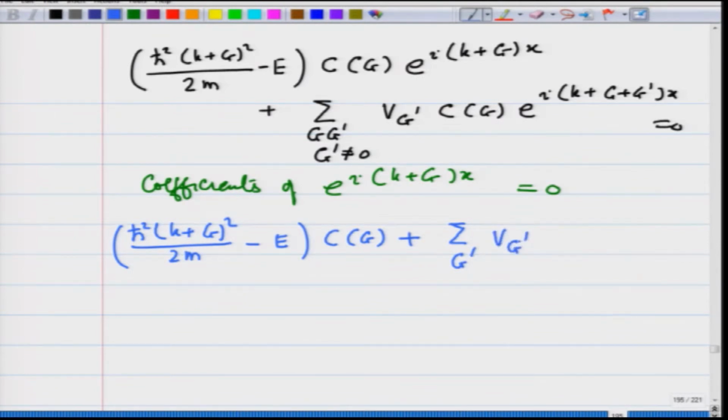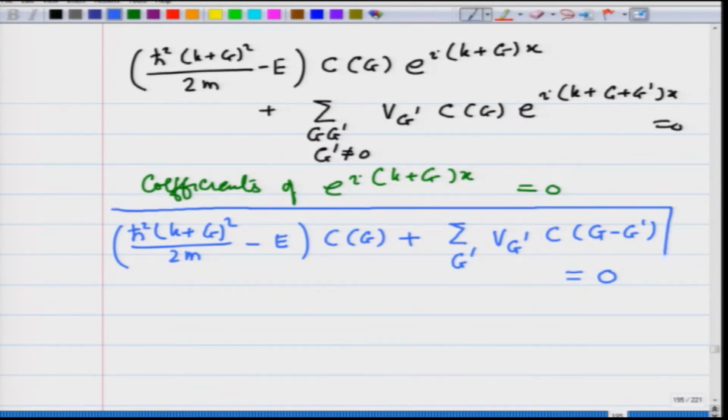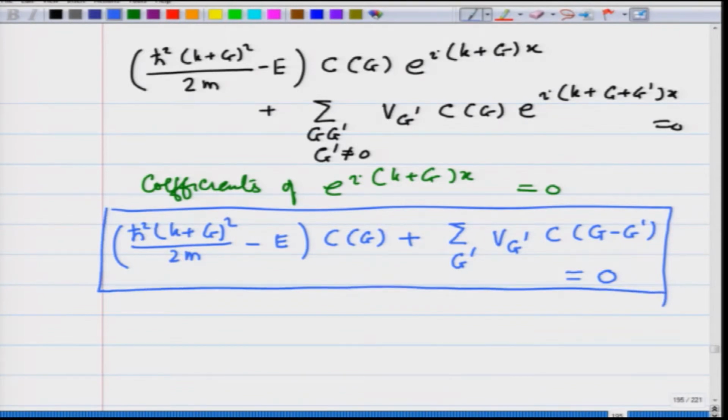For each V_g', I pick up a coefficient c_{g−g'}, and this is equal to 0. This is the equation that determines the coefficients c_g and c_{g−g'}.